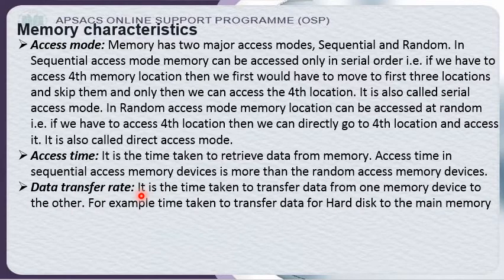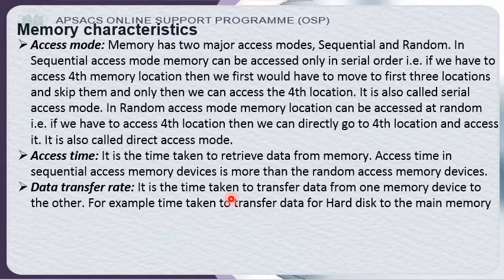Data transfer rate. While you are moving your data from one memory device to another, the time it takes is known as the data transfer rate. While you are copying data from a hard drive to flash memory, or from one hard drive to another, the transfer rate is shown over there.